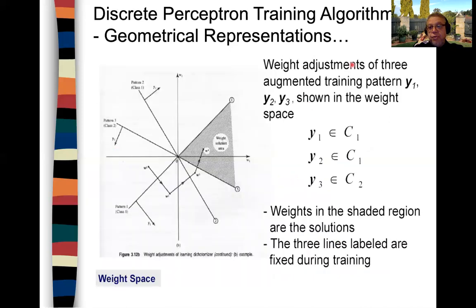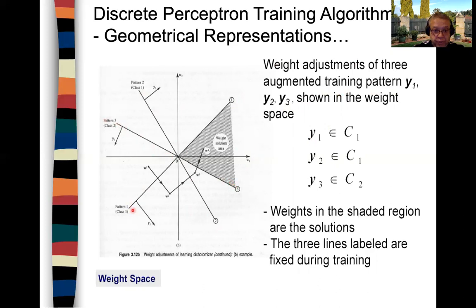Now let's look at the weight adjustment of 3 augmented training patterns, Y1, Y2, Y3. I'm still in my weight space here, and I assume that these are my lines.